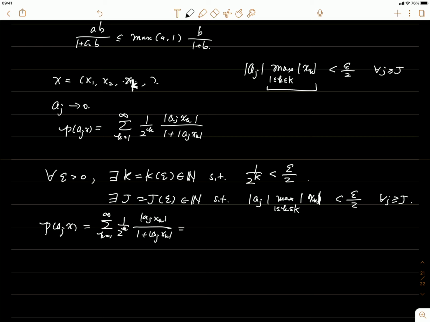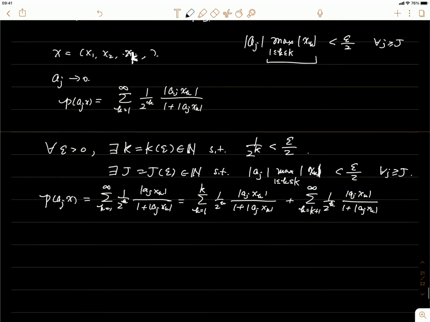Then I'm going to split the sum into the sum of the first capital K terms, and the other terms, which is from capital K plus 1 to positive infinity, 1 over 2 to the k, ajxk over 1 plus ajxk.